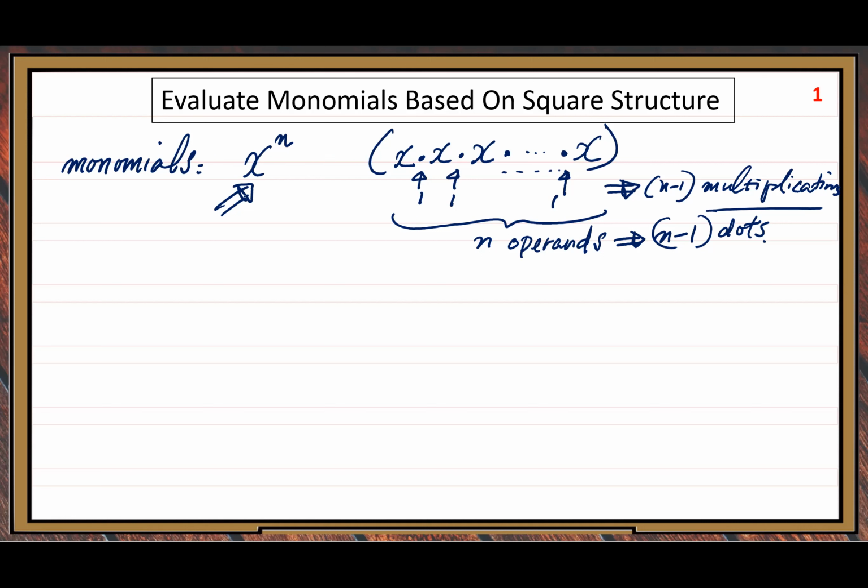That's interesting, right? The answer is yes. There is a much faster way we can use to find the value of this power form. So how? How to do that?